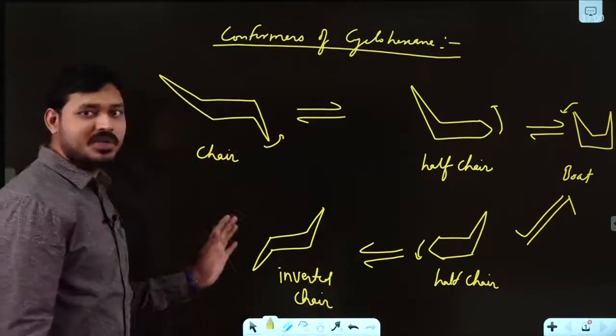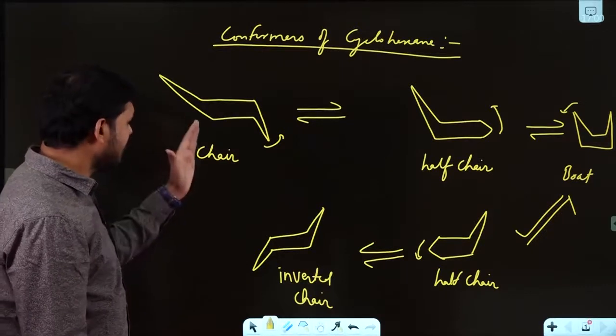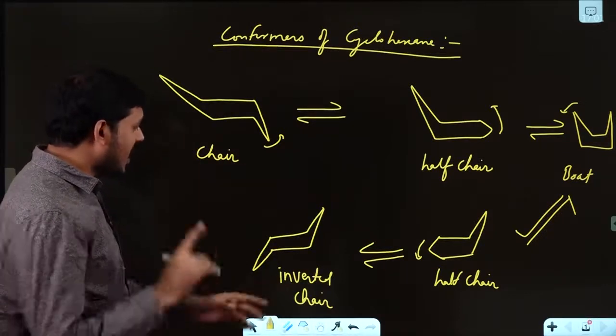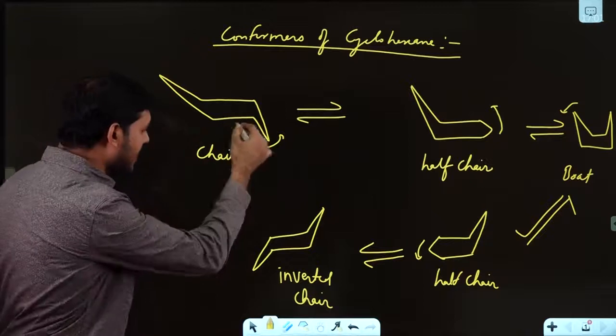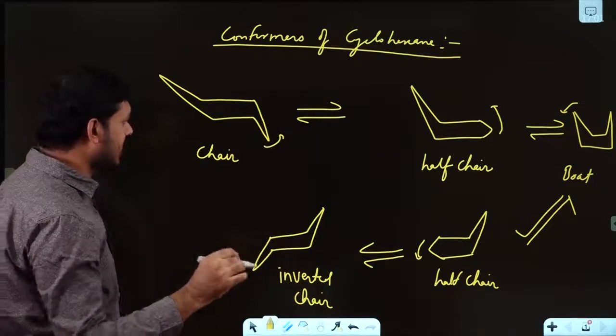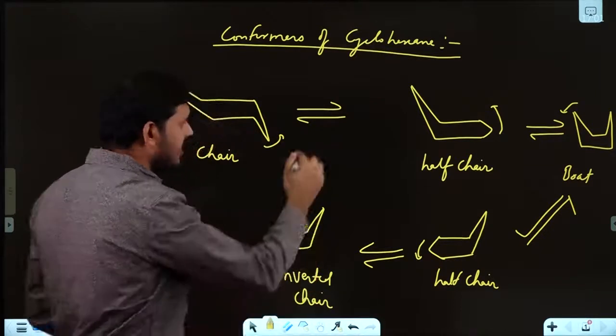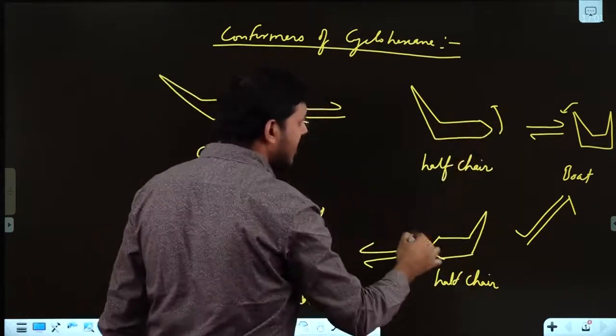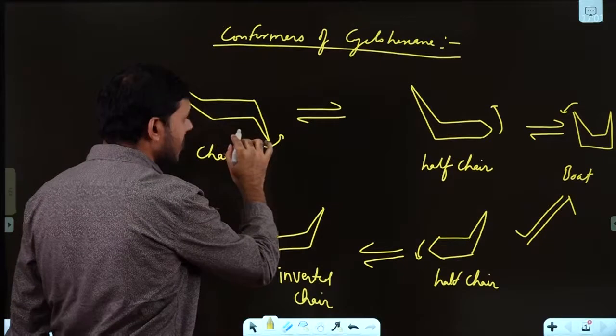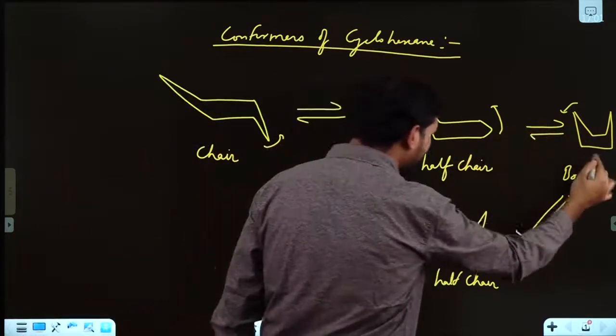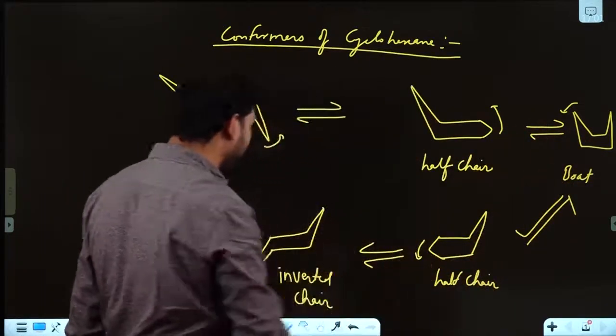Okay, so dear students, you can see from chair up to inverted chair. I earlier showed you directly from chair to inverted chair, but remember this thing, from conversion towards chair up to inverted chair, these conformers are coming: chair, then half chair, then boat, then half chair, then finally inverted chair.